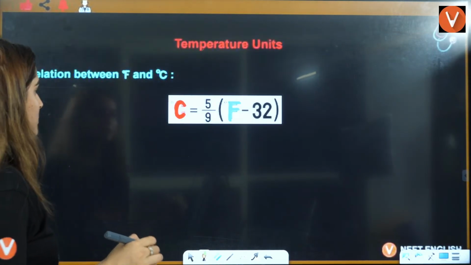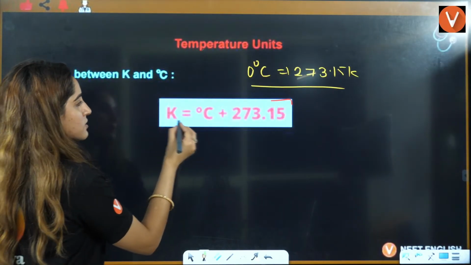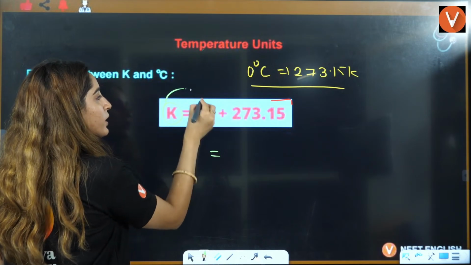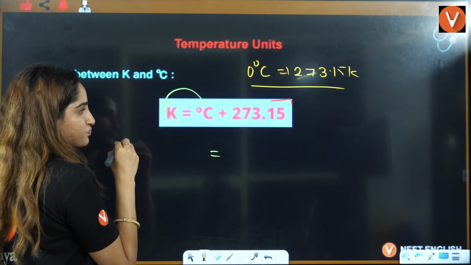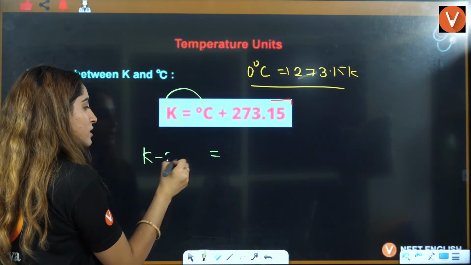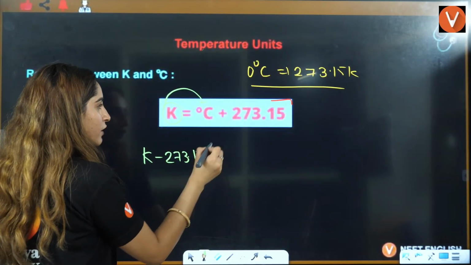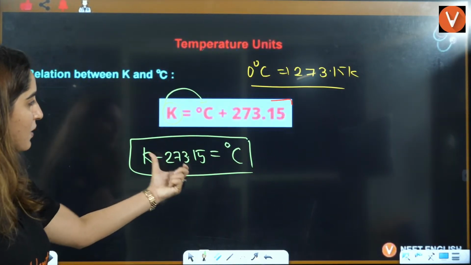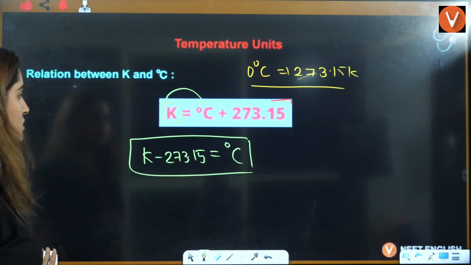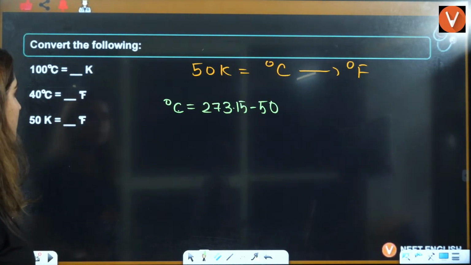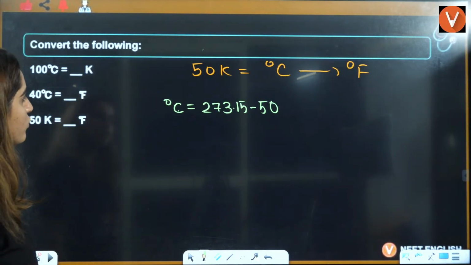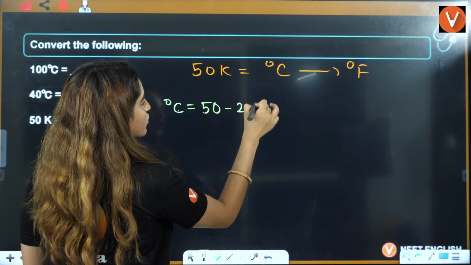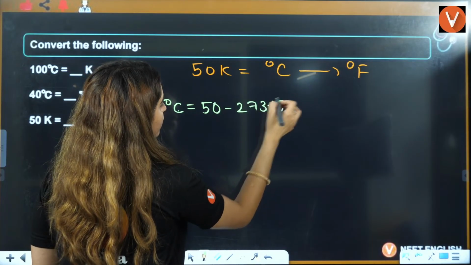If you see this here, this is degree Celsius. If you have to convert Kelvin to degree Celsius, what will you do? Your Kelvin minus 273.15 is equal to your degree Celsius. That means the subtraction you have to do here. So this is going to be 50 minus 273.15.